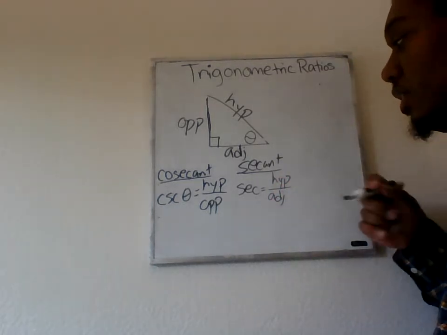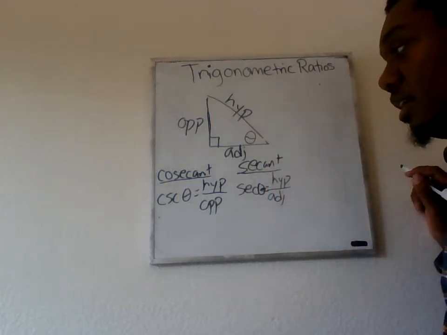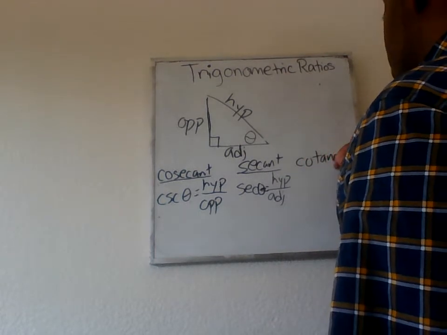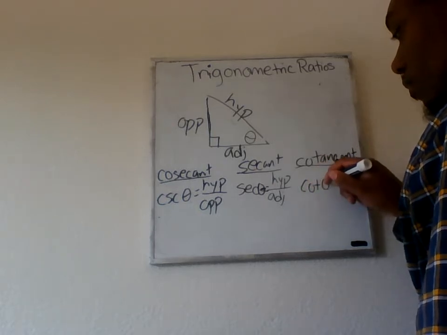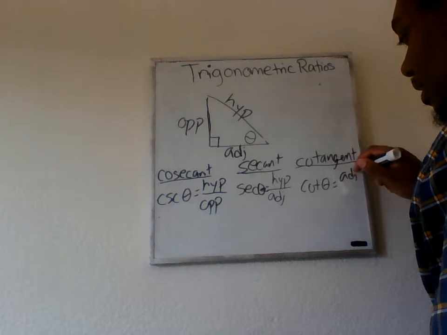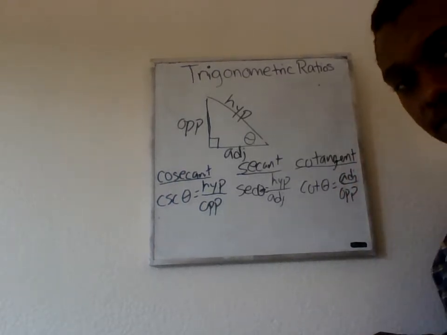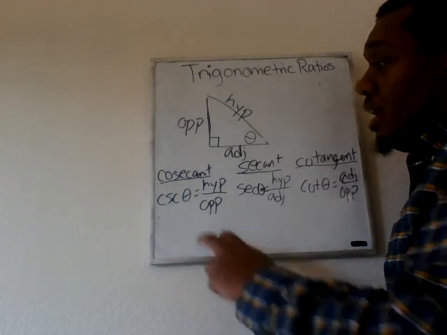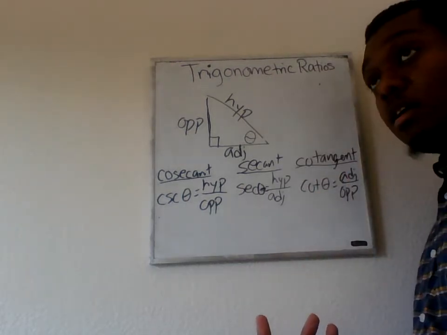And the last one is cotangent. Cotangent is COT, and that is going to be the adjacent divided by opposite. Okay, so we see then that cosecant, secant, and cotangent are just reciprocals of the others that we saw.